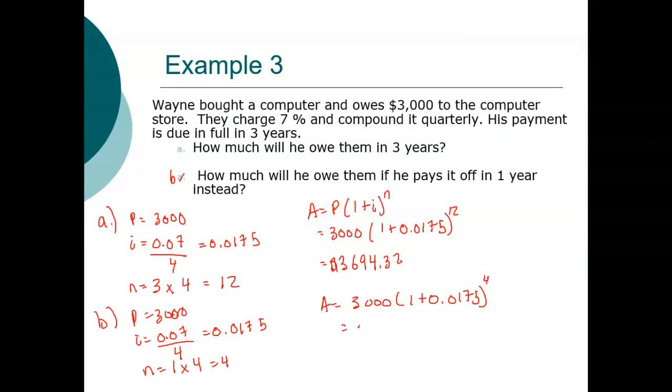When I plug this into my calculator, I get $3,215.58. So if he pays it off in a year, he'll save himself about $400 and something. So probably better to pay it off earlier than later.